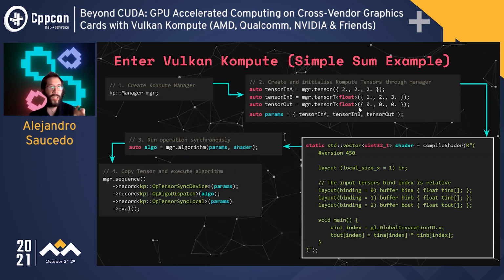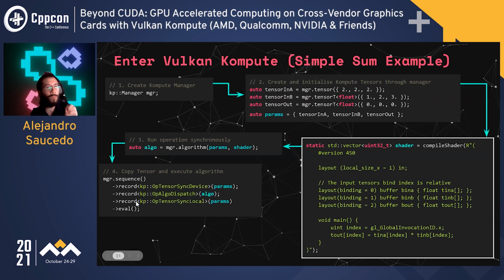In this case, this tensor is of type memory visible only. So it's going to copy it all the way into the GPU, GPU visible only. Then we're going to record the execution of our algorithm, right? And then we're going to record the copying from GPU memory to CPU memory, right? So that's basically what we are recording here.